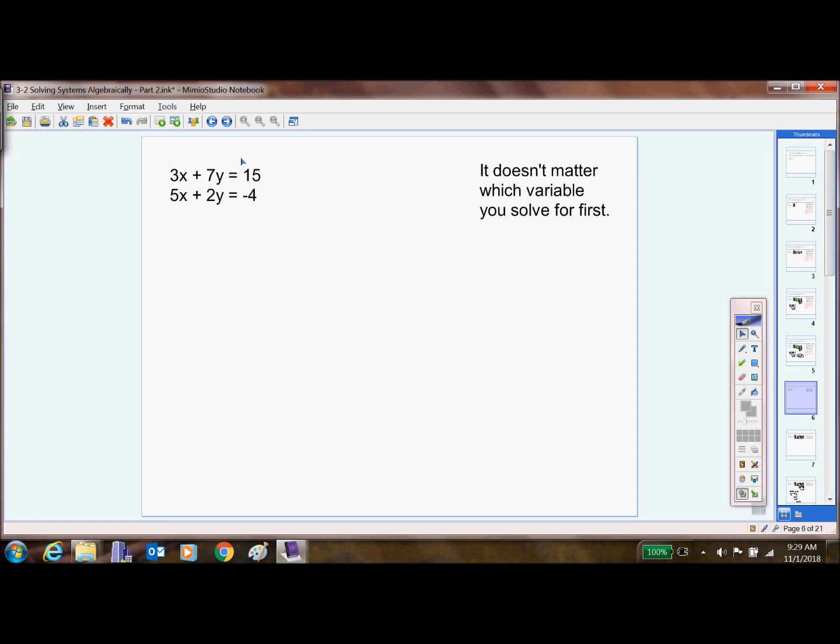And if I wanted to eliminate y first here, if I wanted to eliminate the y's, how could I make that happen? Any ideas?